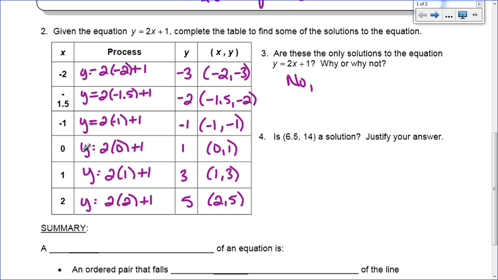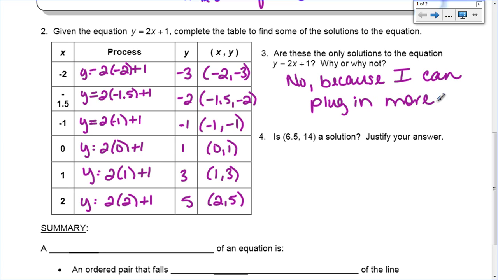I can plug in any number I want for x, and whatever my y output is will still make an ordered pair that's a solution. We could come up with several more solutions to this, but all of these definitely are.